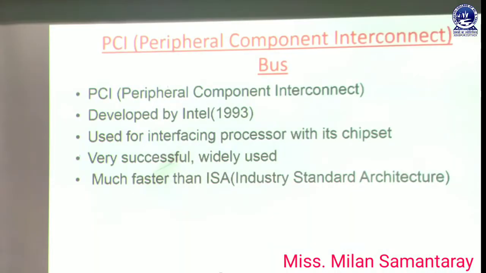So PCI stands for Peripheral Component Interconnect Bus, and it was developed by Intel in the year 1993, and it is basically used for interfacing the processor with its chipset.